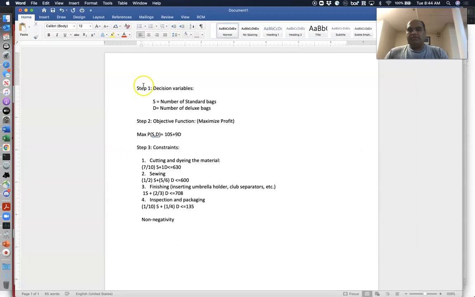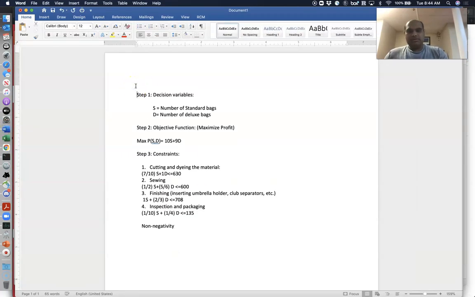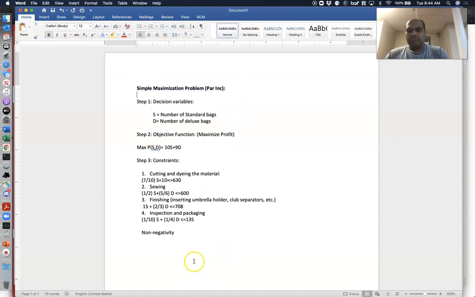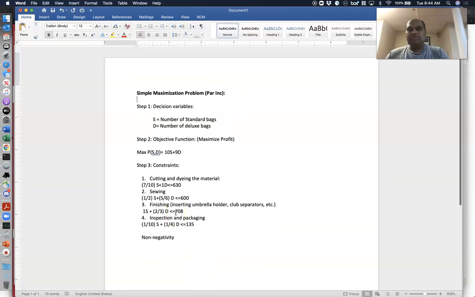All right, so this was a simple maximization problem, the Power Inc. problem. Power Inc. is a company that we're going to keep coming back to with multiple examples through the semester. So now let's do the simple minimization problem.